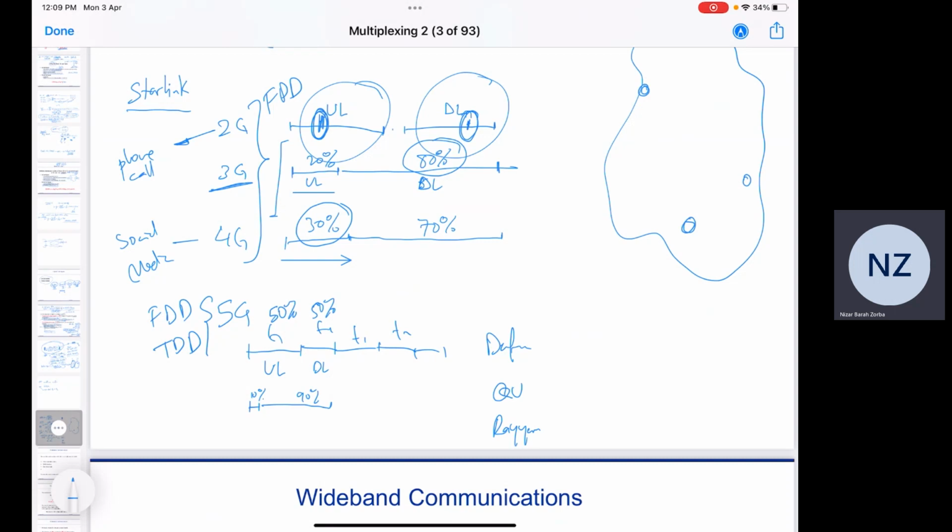I was giving the ratio, 40-60. Why? What do you think they are doing now at your home? Anyone at home, what will they do? Watching something. Ramadan? Okay.